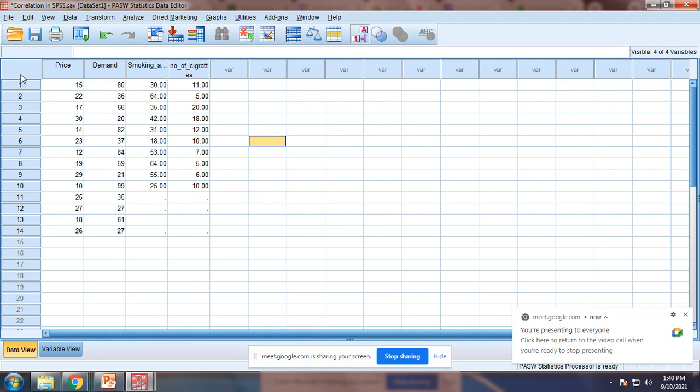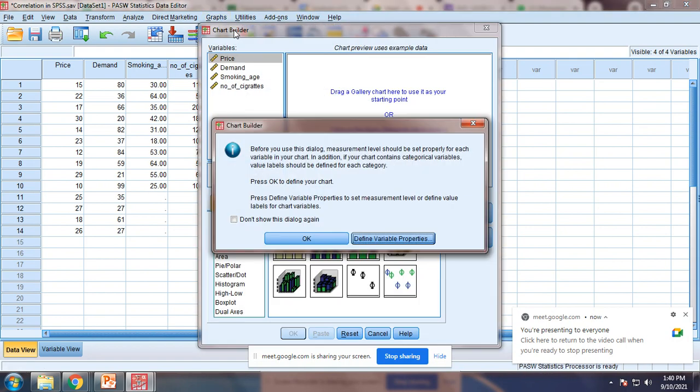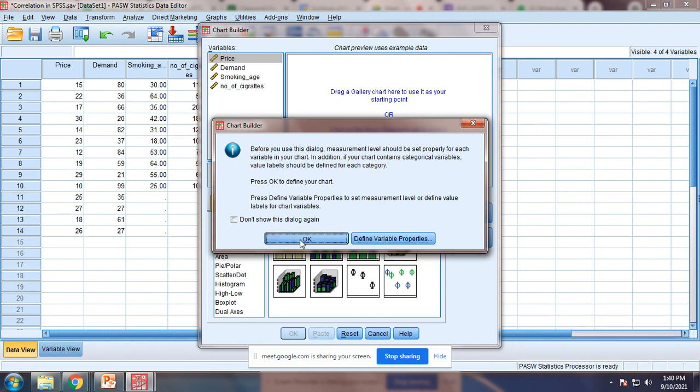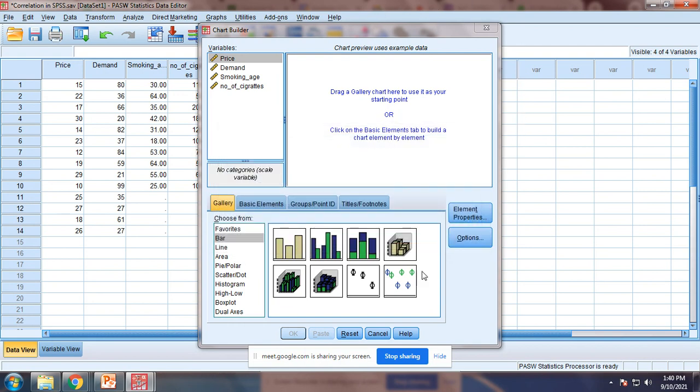I'll show you where you can find scatter plot. The first method is Graphs, Chart Builder. You get a dialog box. Click on OK and the chart builder box comes up.